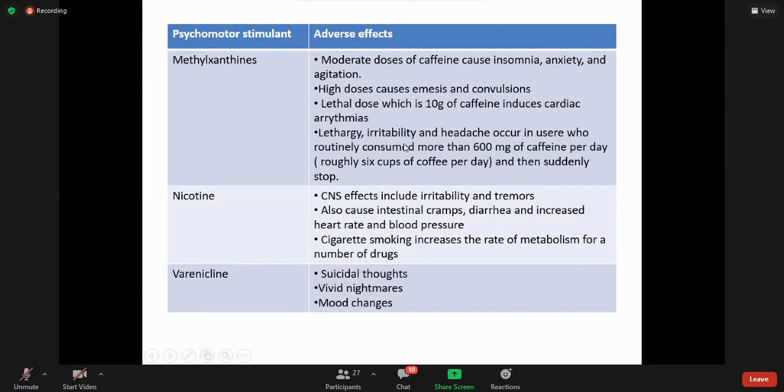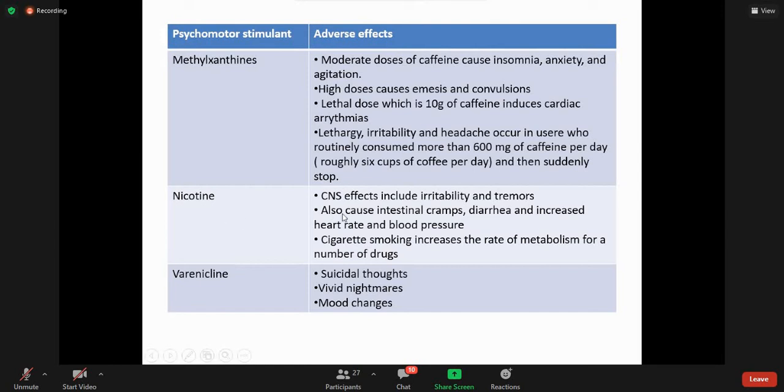But lethargy, irritability, and headache occur in users who routinely consume more than 600 milligrams of caffeine per day, roughly 6 cups of coffee per day, and then suddenly stop. Then it may show some irritability, and you can say withdrawal symptoms.